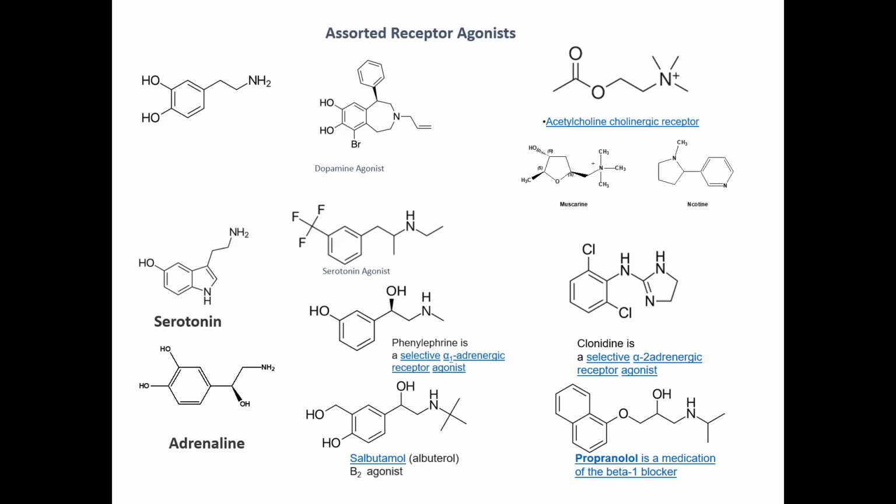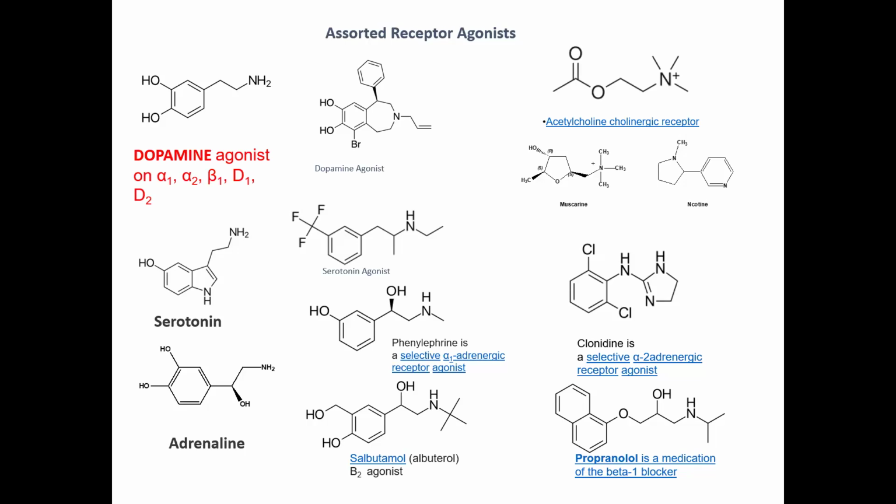Albuterol is a beta-2 agonist. It dilates the heart, the lungs. Again, that's chiral. Clonidine is acetylcholine. But if you look at it, they all have a similar motif.